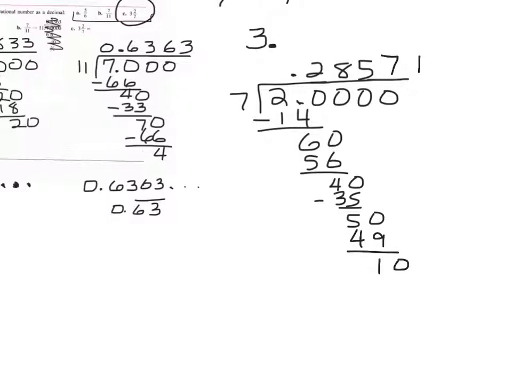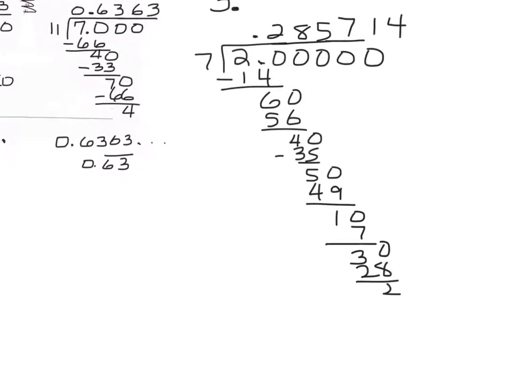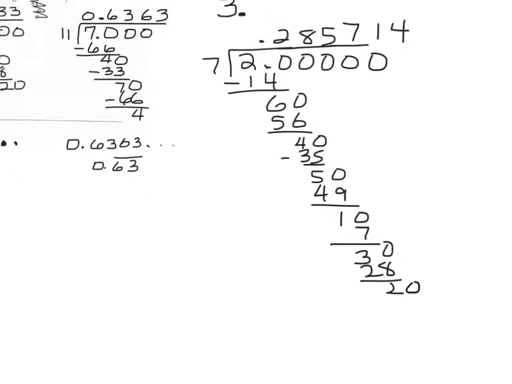It'll go in here once. Still no pattern. And then it'll go in here 4 times. Bring down another 0. And then it'll go in here twice. And now we're finally going to start to see the pattern.